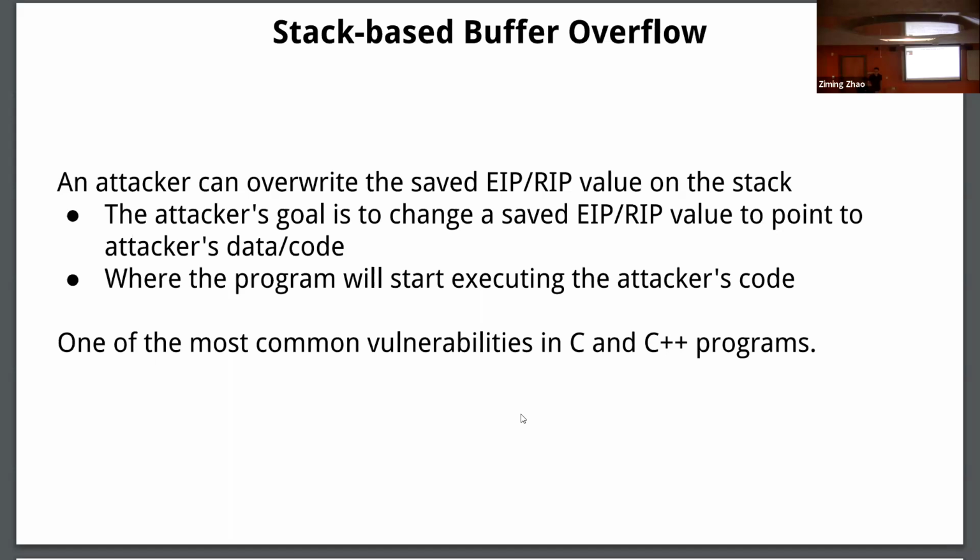The goal here is to change that value so it points to attacker-controlled code. Sometimes also data, but here more like code. Then when that function exits or returns, the program will continue execution at the attacker's code, right? This is one of the most common vulnerabilities in C and C++ programs.